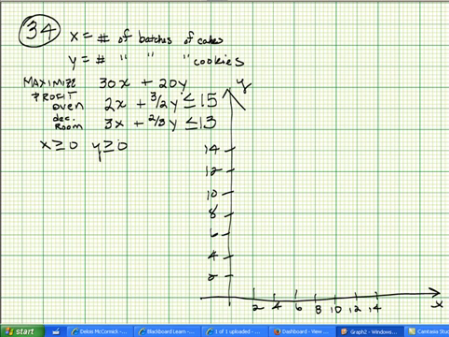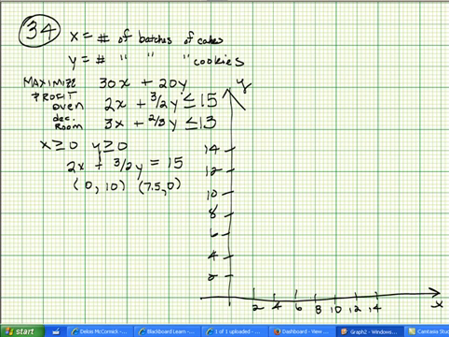Okay. So I want to take my first equation to get my first line, and if x is 0, then y is 10. If y is 0, then x is 7.5.